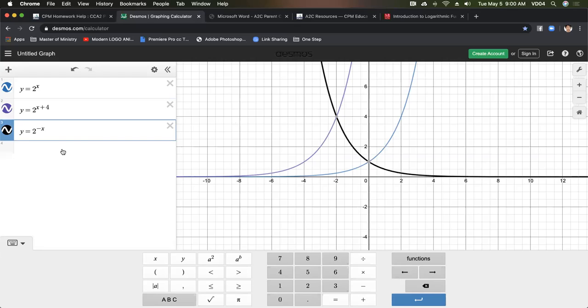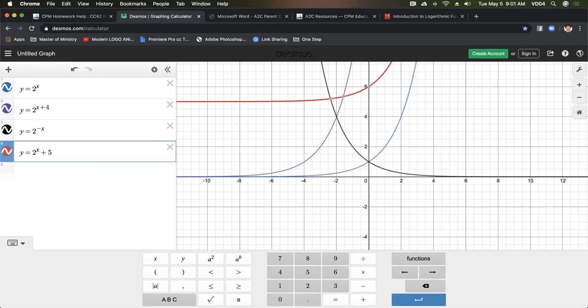Another example. Let's copy again the original exponential function above, y is equal to 2 raised to x, and let's add, let's say, 5.